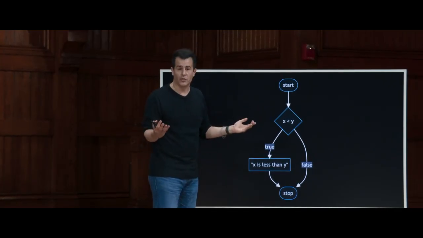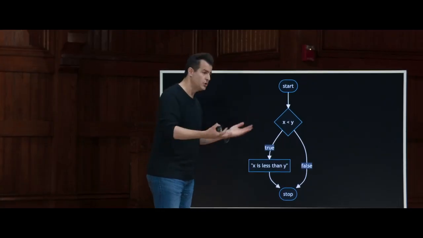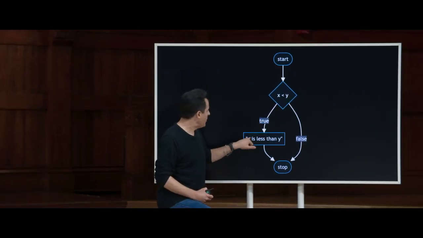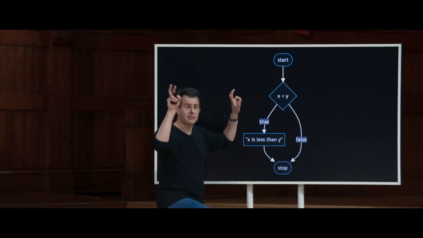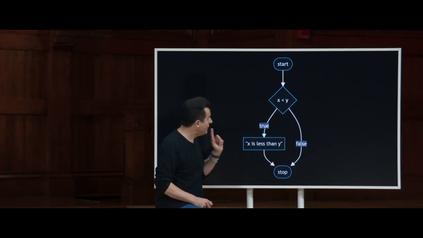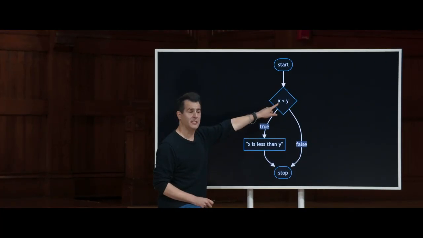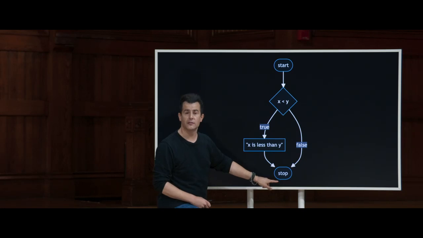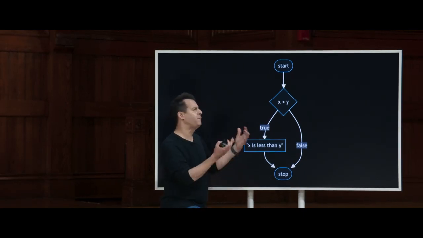That has two possible answers, true or false, yes or no, respectively. So let me propose per the arrow that if the answer is true, then print out, per this rectangle, x is less than y. Just quote unquote, and then stop. That's it for the program. But logically, if x is not less than y, that is, that question's answer is false, we'll just skip right to the end and stop. So this is a control flow diagram.